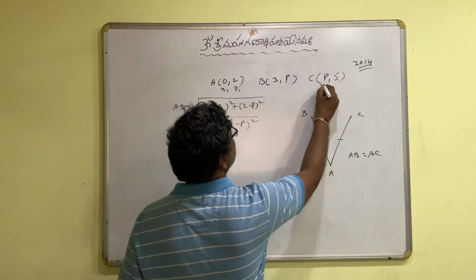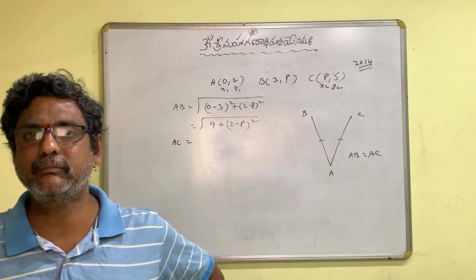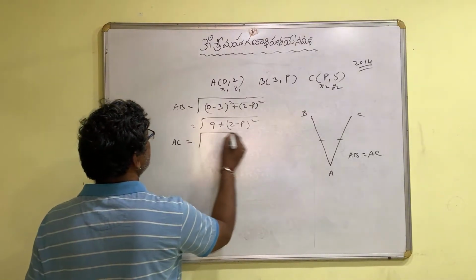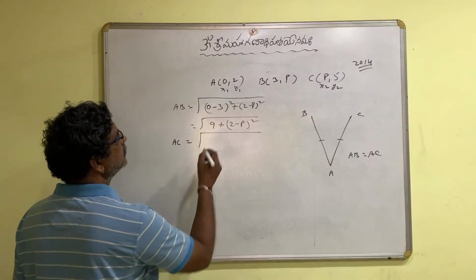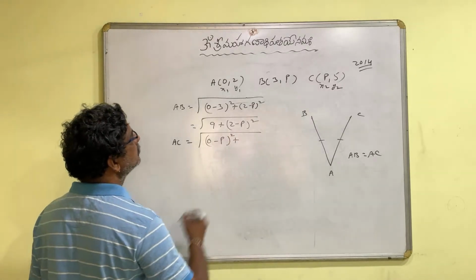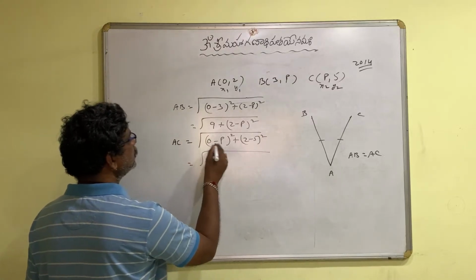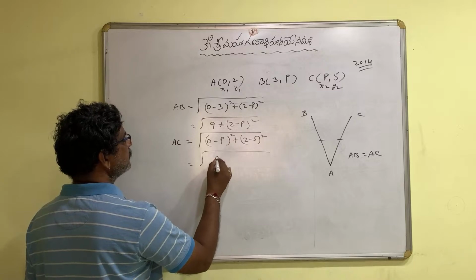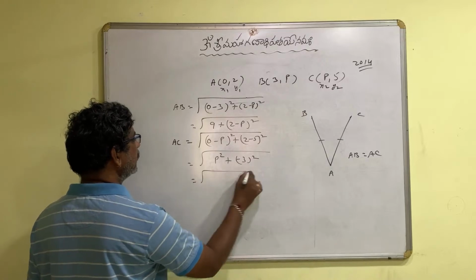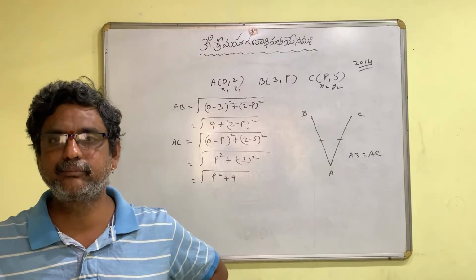Then this becomes x2, y2. What is the distance between AC? (0 minus p) whole square plus (2 minus 5) whole square. 0 minus p gives p square, and minus 3 whole square. So in total, root over p square plus 9.